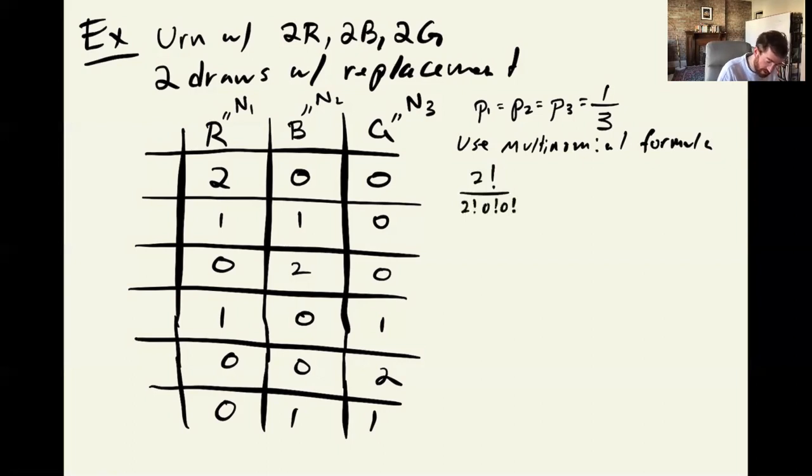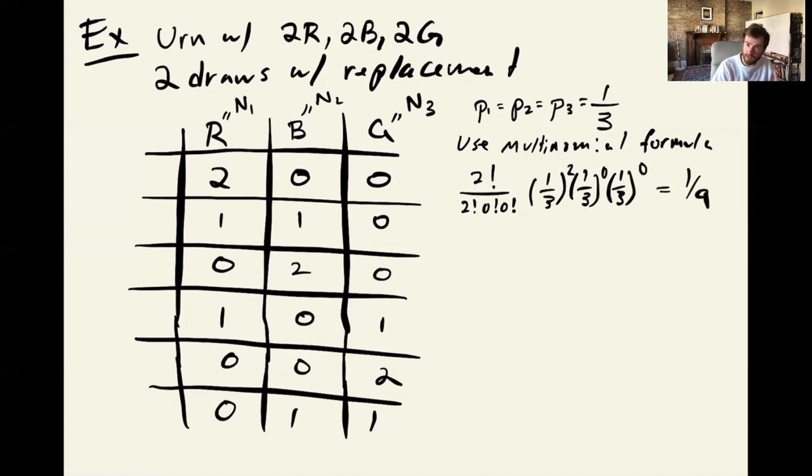The 2's obviously going to cancel, and then I've also got 1/3 squared, 1/3 to the 0, 1/3 to the 0. But that just equals 1/9. Shows me the probability of getting 2 red balls is a 9th. Makes perfect sense. 1/3 chance of a red on the first, 1/3 chance red on the second.